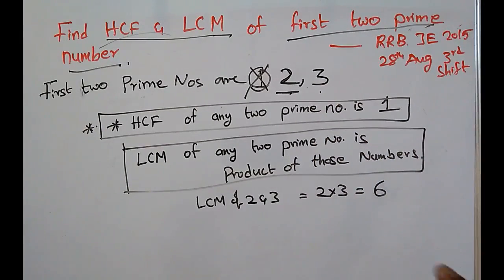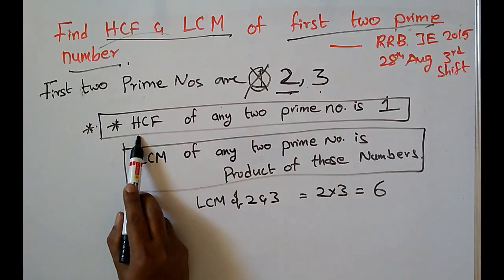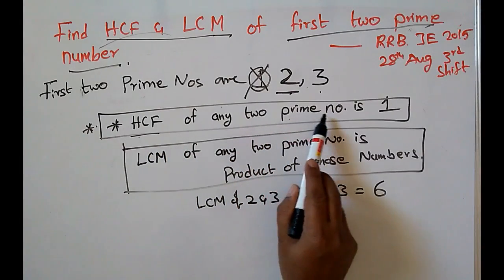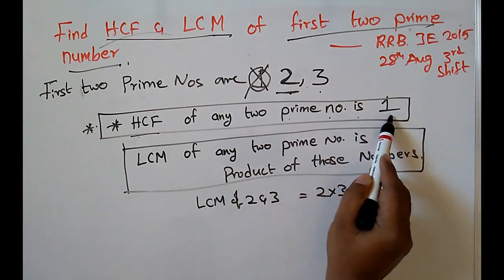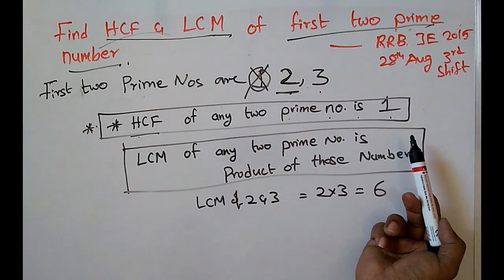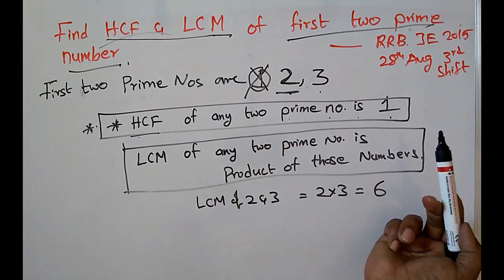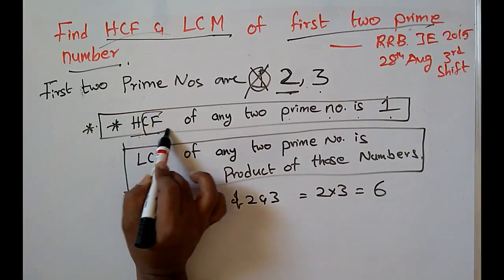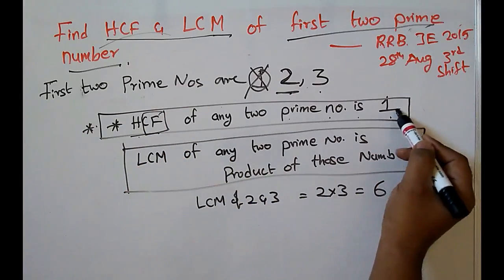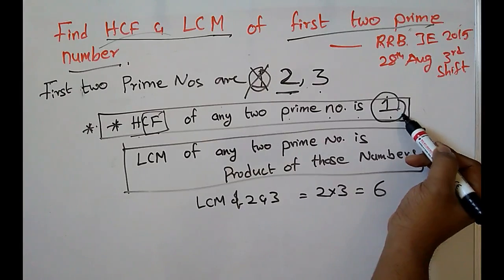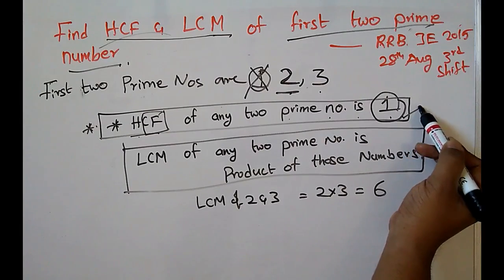And another two points you have to remember is that the HCF of any two prime numbers is 1, because prime numbers have no common factor. 1 is a factor of any number, so the HCF of any two prime numbers is 1.